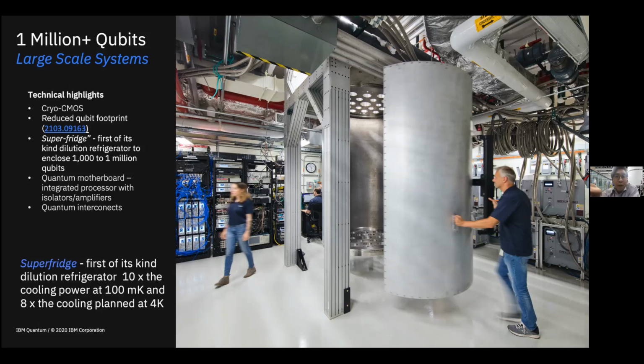So along another axis, we're also looking at how to scalably scale our controls, especially if we need to get towards many thousands, towards 1 million qubits. And a lot of that comes into play with potentially looking at cryogenic solutions.